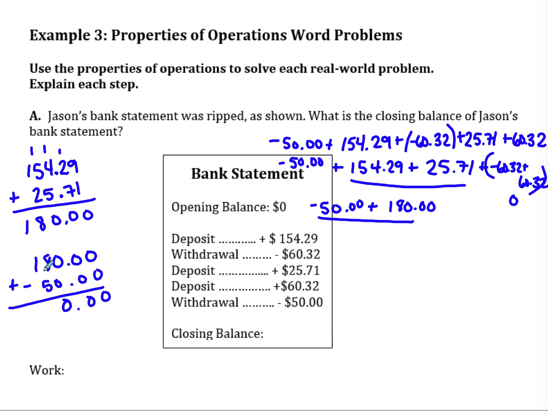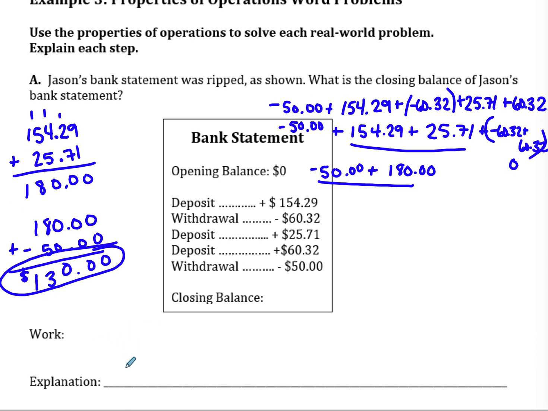Bring down the decimal, 0. 8 minus 5 is 3. 1 minus 0 is 1. More positives, answer is positive. All right, so I have a positive $130. So that is my work right there.